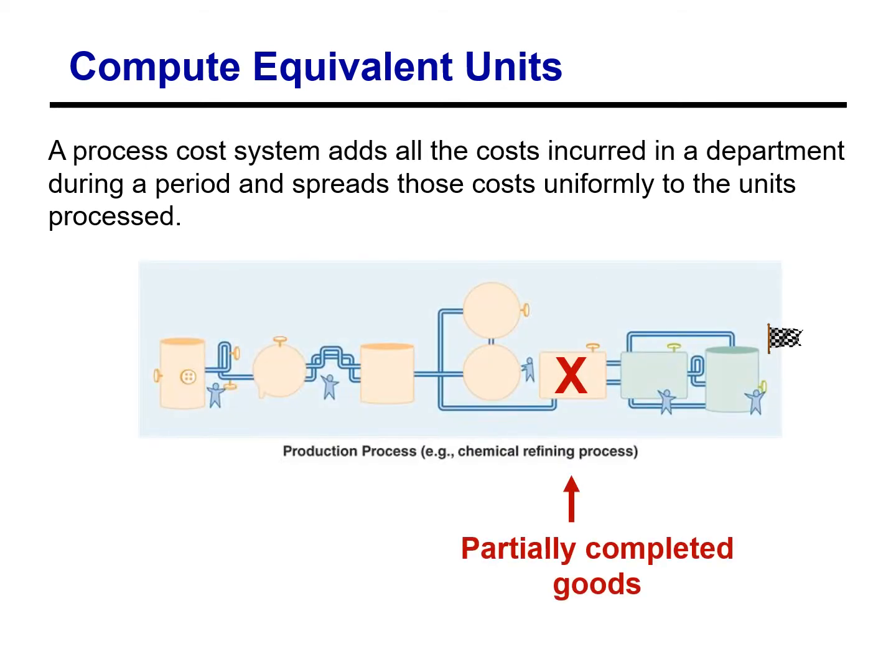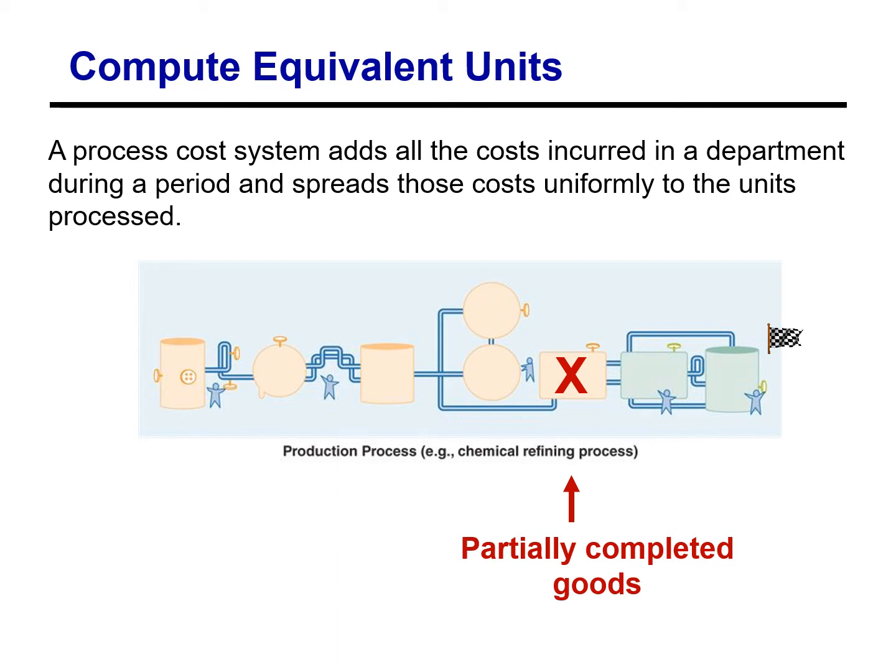Let's assume in this example that 1,000 units will emerge at the end of the production process, right where that little flag is. Let's also assume the accounting period ends at X. So these units are essentially 75% complete. Remember, cost per unit is found by dividing total cost incurred by the units processed.